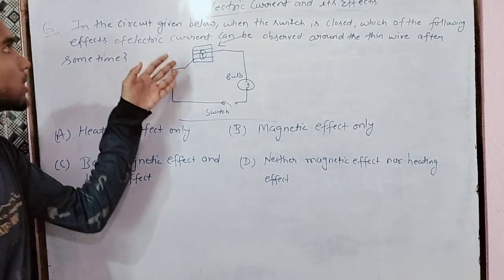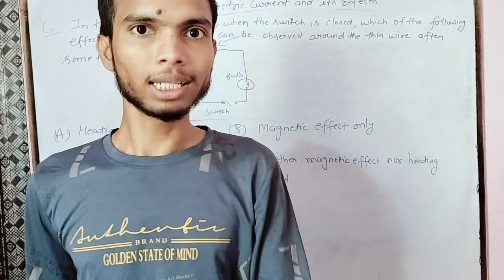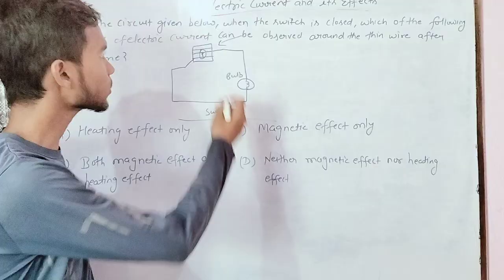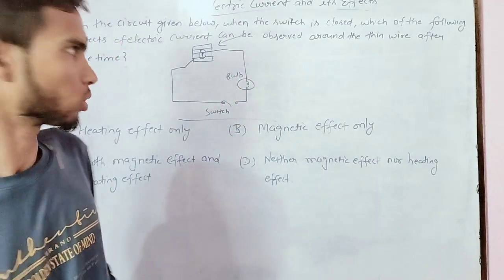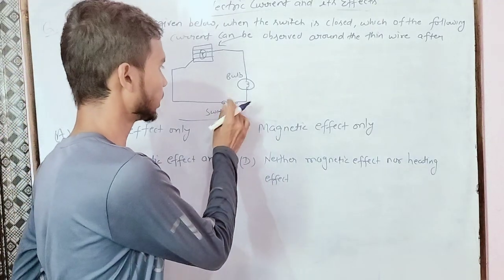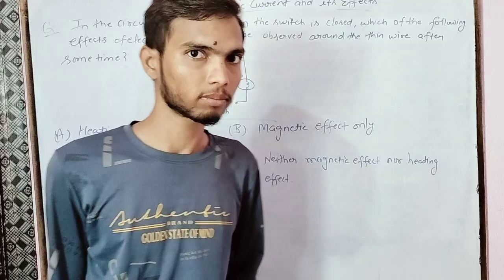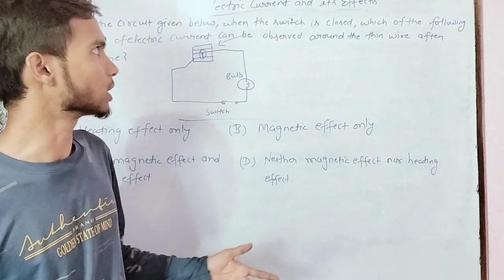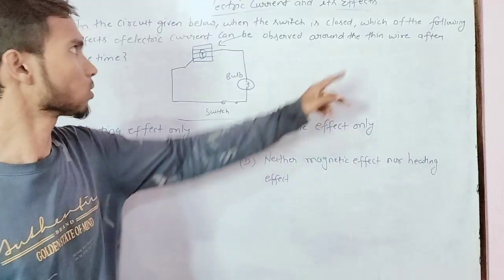Here, in the circuit given below, the switch is in the off position. When it is closed, what will happen? This is what we have to answer. But before that, read this.